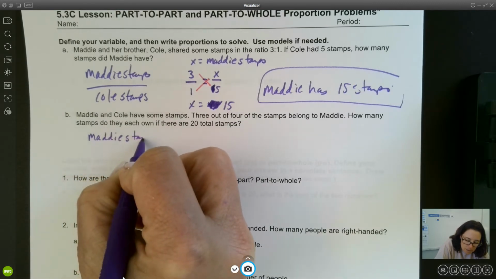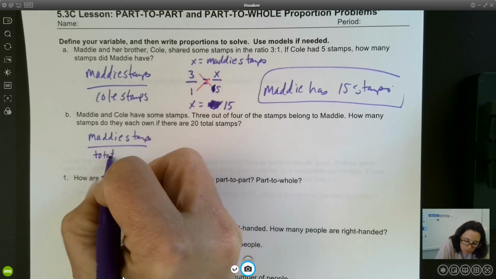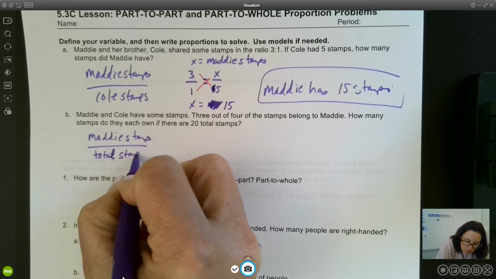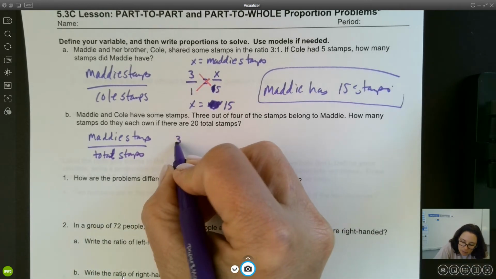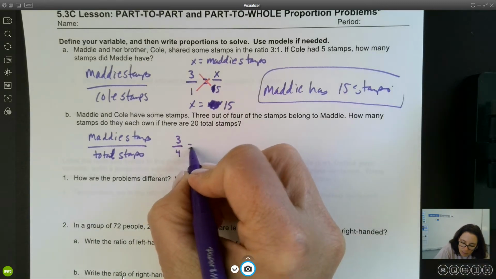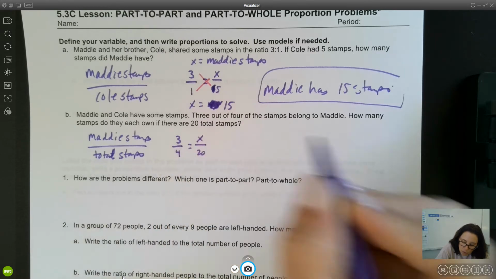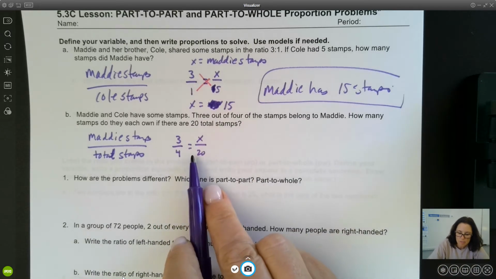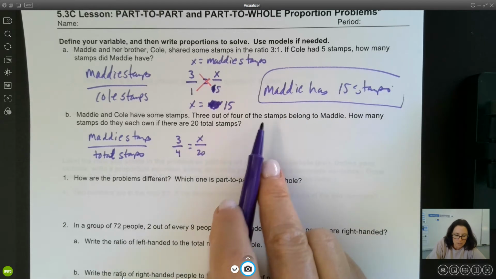Maddie stamps over total stamps. I've got 3 Maddie to 4 total, X Maddie, 20 total. Let's just make sure that this is the same situation as this. Maddie should have 15 if it is.